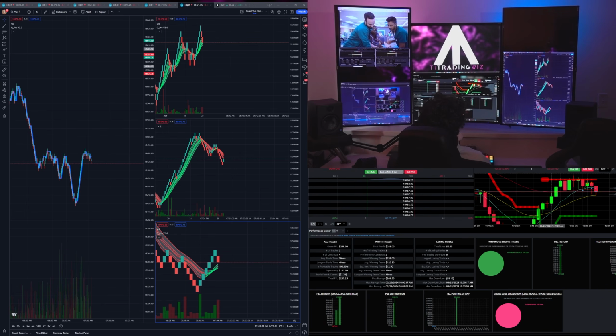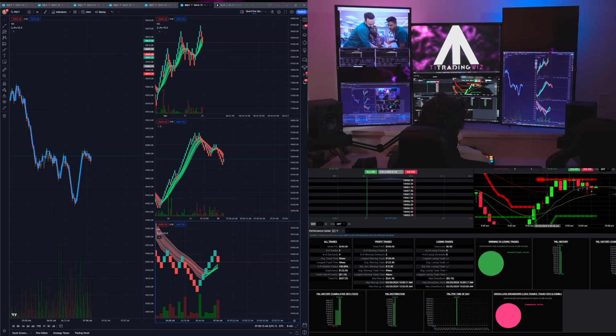We wicked the 21 again. I did jump in another trade when we wicked it. I tried to get a better entry than what I got, but like another $100 right there.